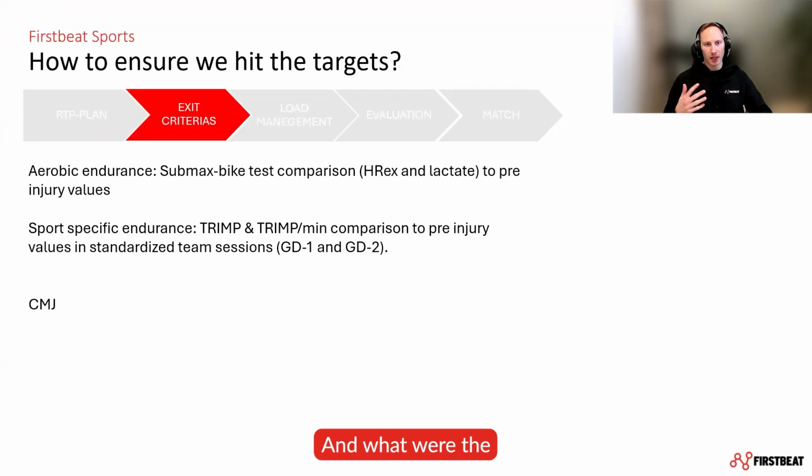And what were the exit criteria? How the S&C coach ensured that they hit the targets, how they ensure that the player is ready for full game load.